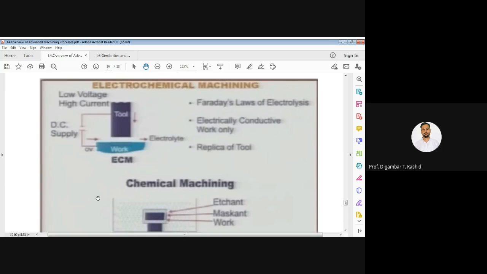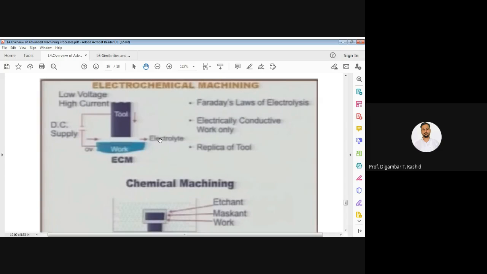Now between this tool and workpiece comes the electrolyte. Electrolyte is a solution of our normal salt, that is NaCl, which we mix with water. So electrolyte means NaCl plus water.